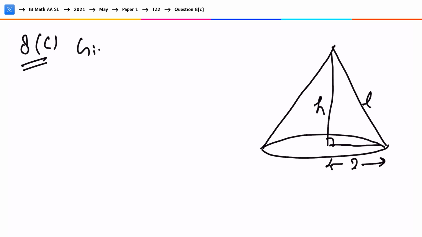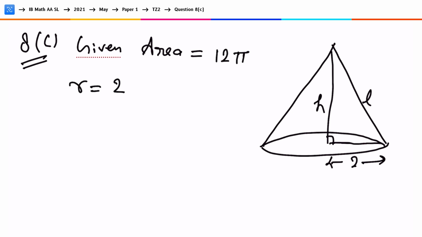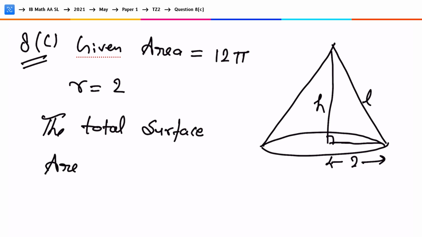We are also given the total surface area of the cone is equal to 12 pi. R is equal to 2. To start, we know that the formula for the total surface area of a cone is equal to pi r squared plus pi r L.